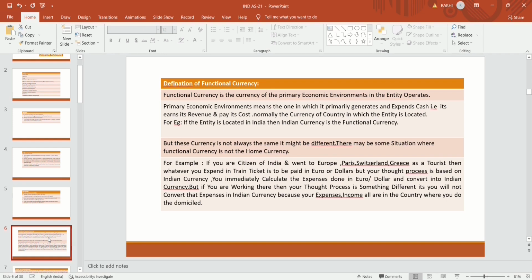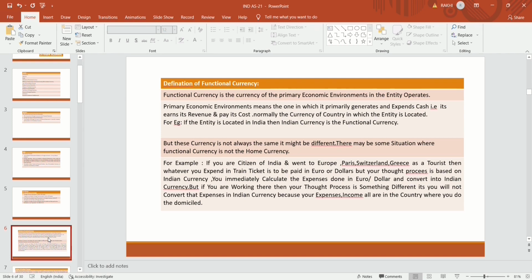He went to Europe for traveling, for spending his holiday there. He spent some money on a train ticket. He purchased a train ticket. His thought process is based on the Indian market. He paid in euro, but he started converting into INR because his spending habit is in INR.